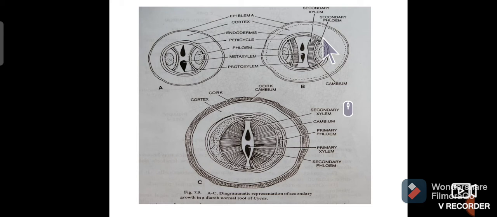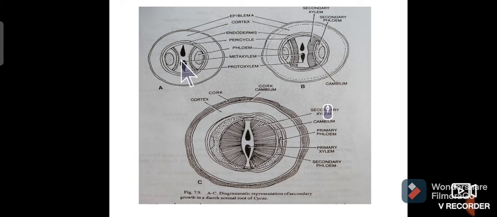It initiates in the very beginning when the root is still young. Here, a few parenchymatous cells present in between the xylem and the phloem become meristematic.